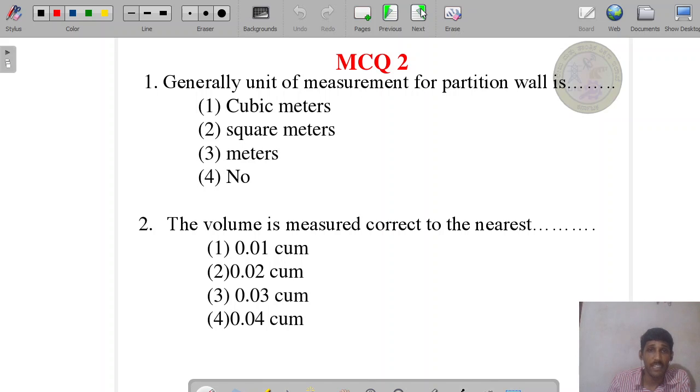Therefore, studying these units and measurements is very essential for a civil engineer, because even after the completion of your diploma, some people will ask in which way you measure an item. At that spot itself you have to answer, for example, that this item is measured in cubic meter.